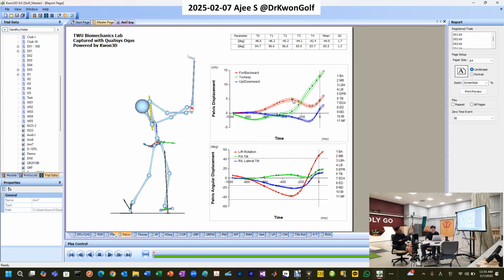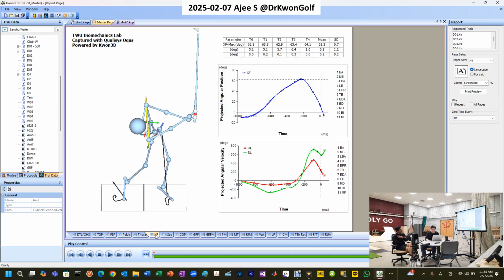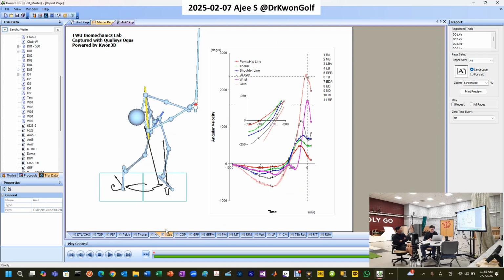Pelvis is moving forward, backward, forward, and then continuous downward motion, and then push up here. So here we see some differences. And then X factor. Here's continuous increase in the X factor. Similar.